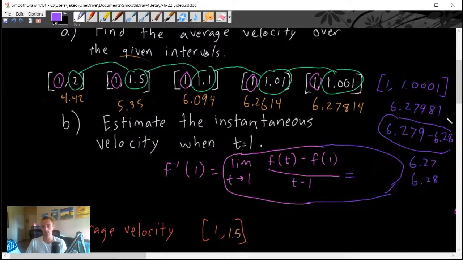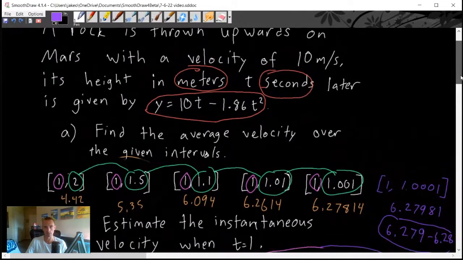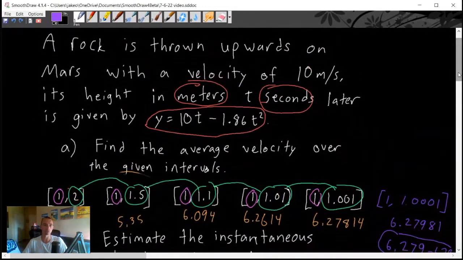So that's how we can use different shrinking intervals of average velocity to estimate instantaneous velocity. In general, if you're trying to estimate instantaneous velocity at a specific point, you can just look at the average velocity over smaller and smaller intervals as you get closer and closer to that point. And that should give you an estimate. Now, keep in mind, it is an estimate.